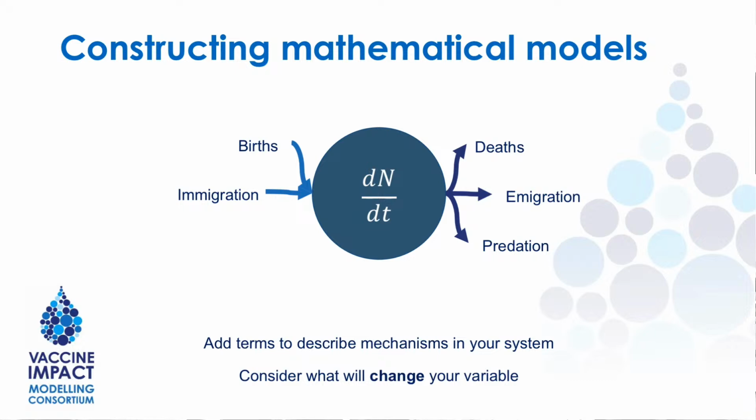So you can add different terms to your system to capture some of these factors that you might find important, and consider how they will change your particular variable or your particular population.